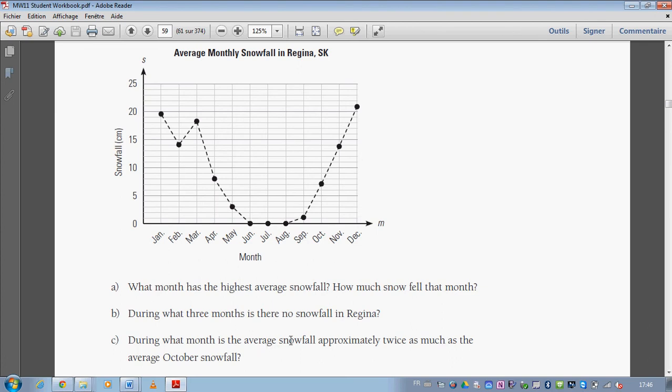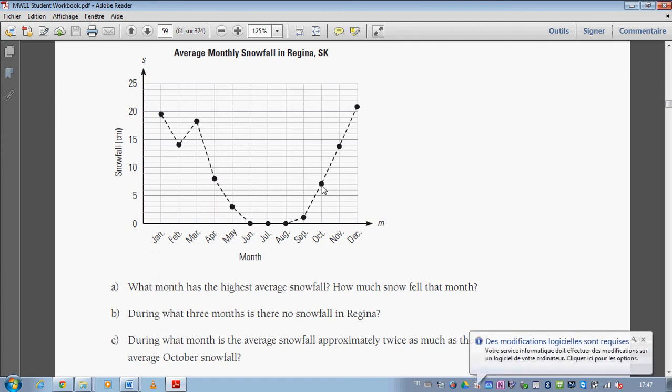During what month is the average snowfall approximately twice as much as the average October snowfall? Taking a look at the October snowfall, you've got roughly 7 centimeters of snowfall. So we're looking for a month that has twice as much as 7 centimeters, which is 14 centimeters.